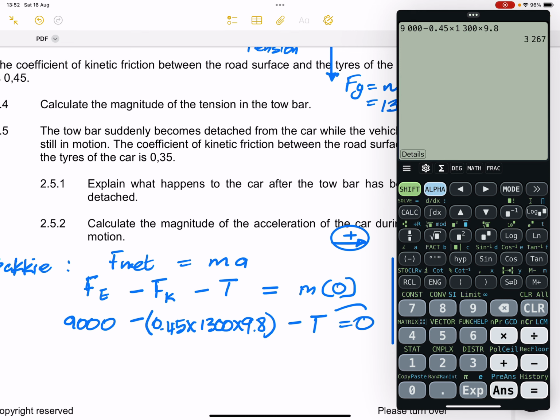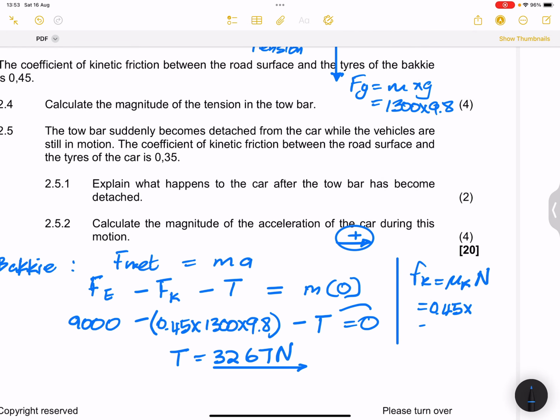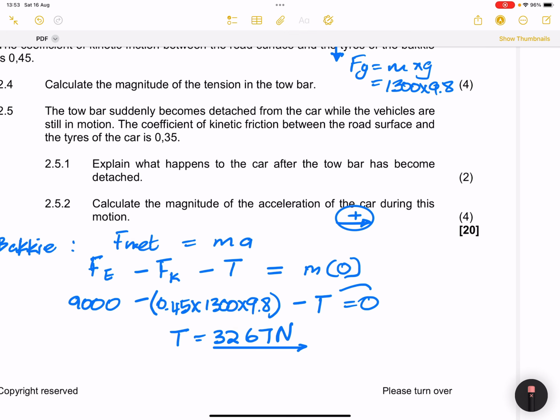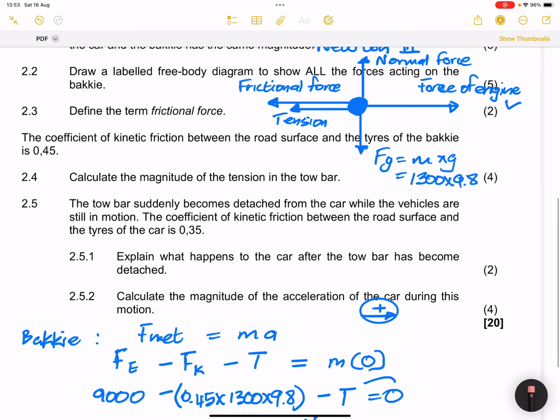And we get a value for tension, which is 3,267 newtons. All right, and that is really how the cookie crumbles in this case. That's how we're going to get our value for the tension. And then let's go on to the next one.